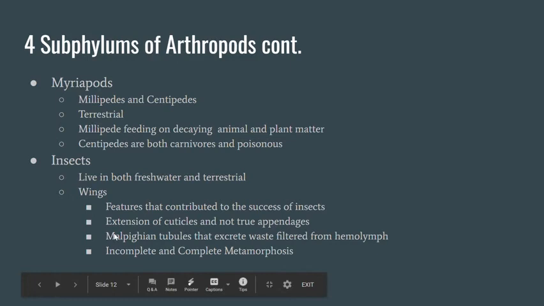They have something called Malpighian tubules, and these are used to excrete waste that is filtered from the hemolymph. Hemolymph is kind of like blood, but since insects have an open circulatory system, we can't necessarily call that substance blood. And they're divided by the process they go through, incomplete or complete metamorphosis.